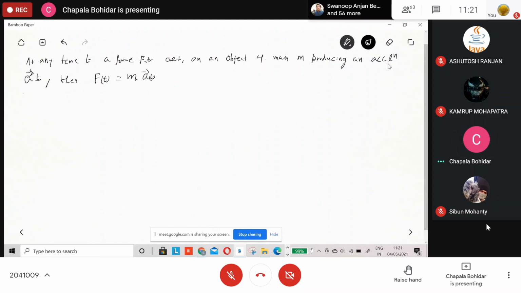Example. A projectile is fired with an angle of elevation alpha and initial velocity v0. It is a figure.